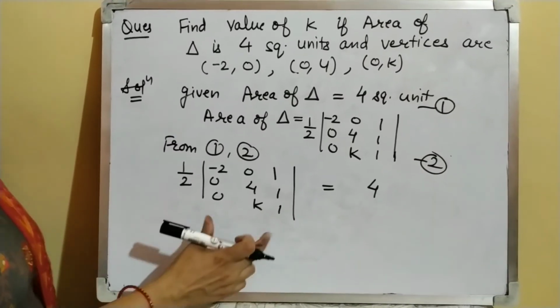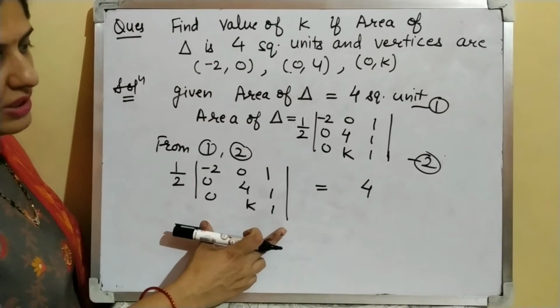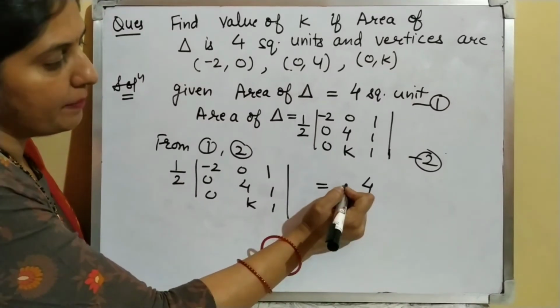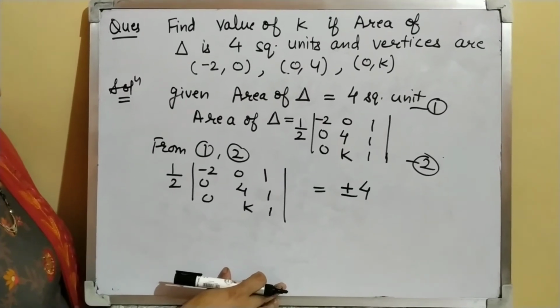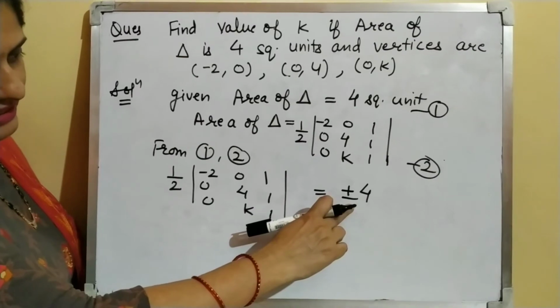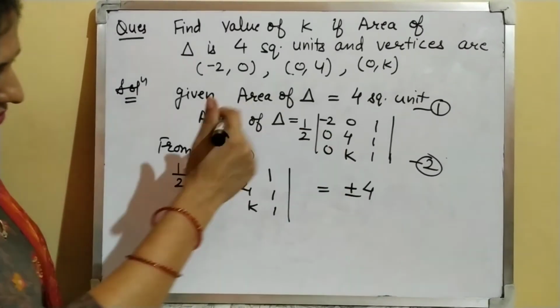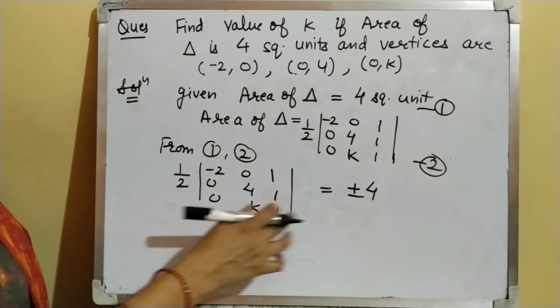But here we have to do calculations, and for calculation we use both positive and negative values. So we take plus and minus both signs here. Now just simplify the left hand side and calculate the value of k.